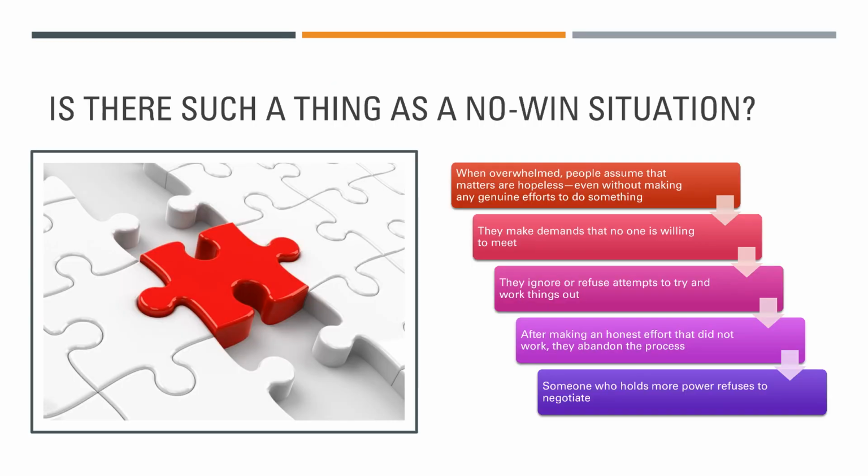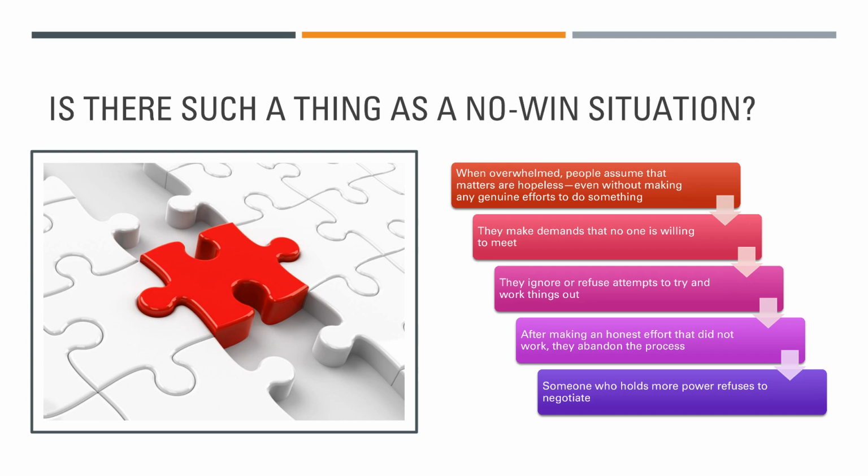Number one, when they're overwhelmed, people assume that matters are hopeless, even without making any genuine efforts to do something. Number two, they make demands that no one is willing to meet. Number three, they ignore or refuse attempts to try and work things out. Number four, after making an honest effort that did not work, they abandon the process.